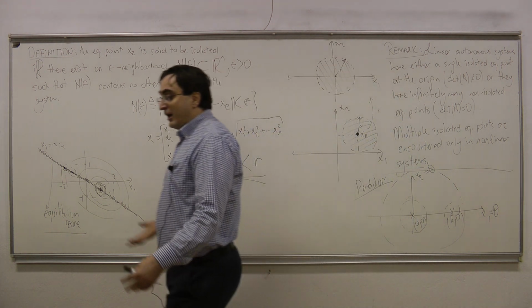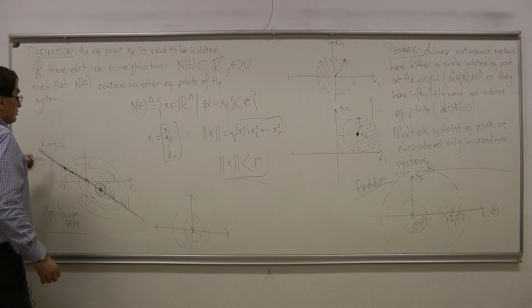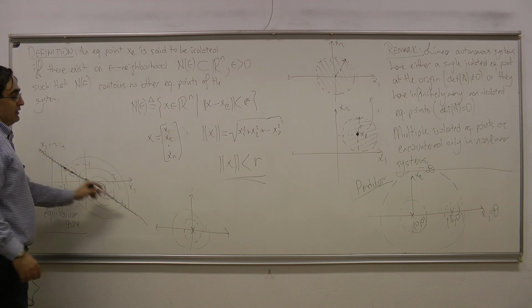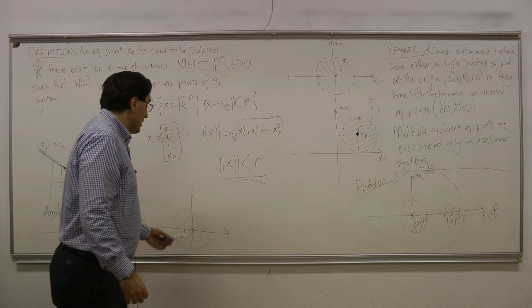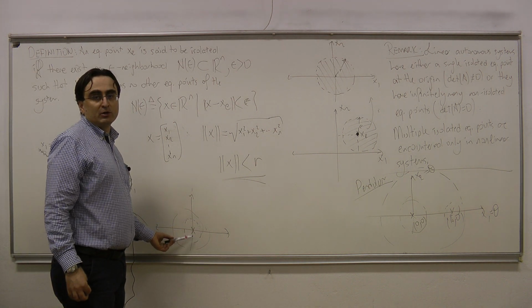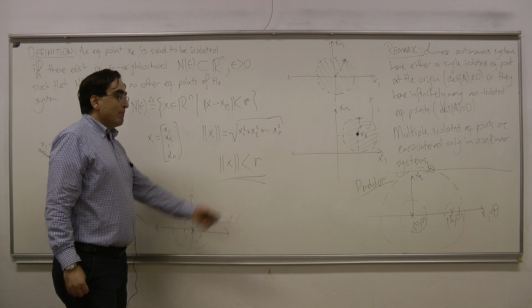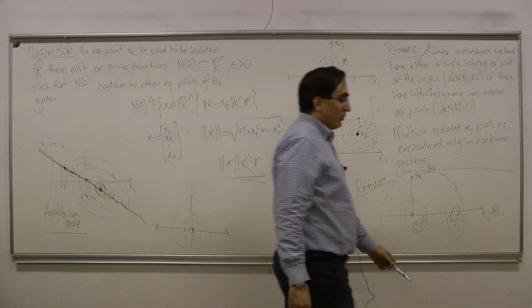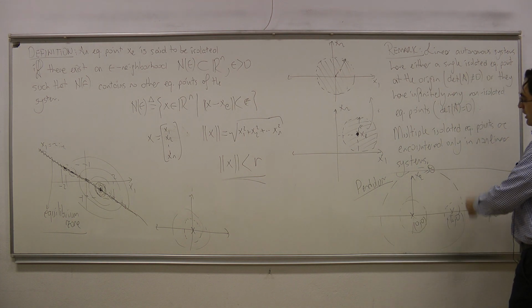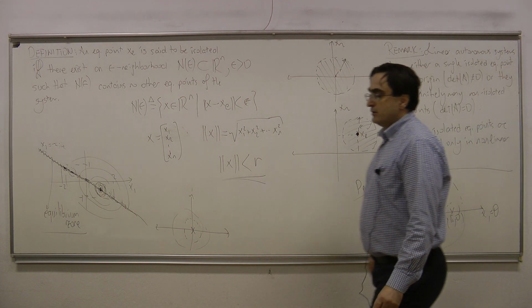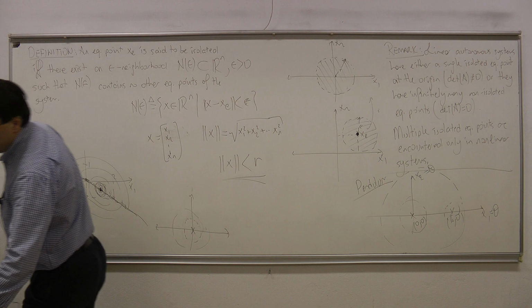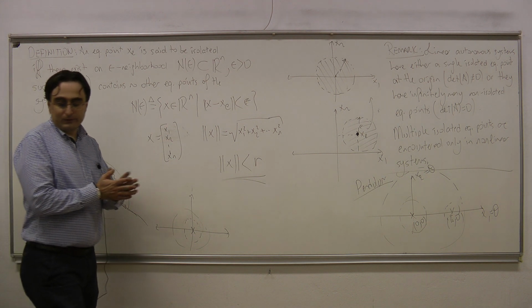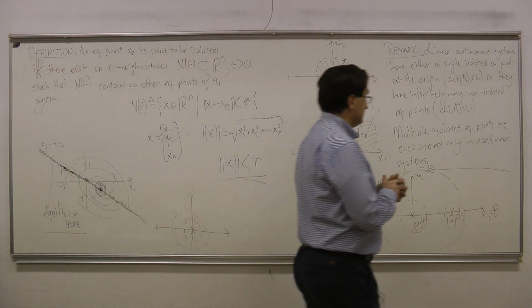Because if it was linear, then I would have infinitely many non-isolated equilibrium points or a single isolated equilibrium point at the origin. Multiple isolated equilibrium points can only be encountered in nonlinear systems. That is a distinctive property of a nonlinear system.